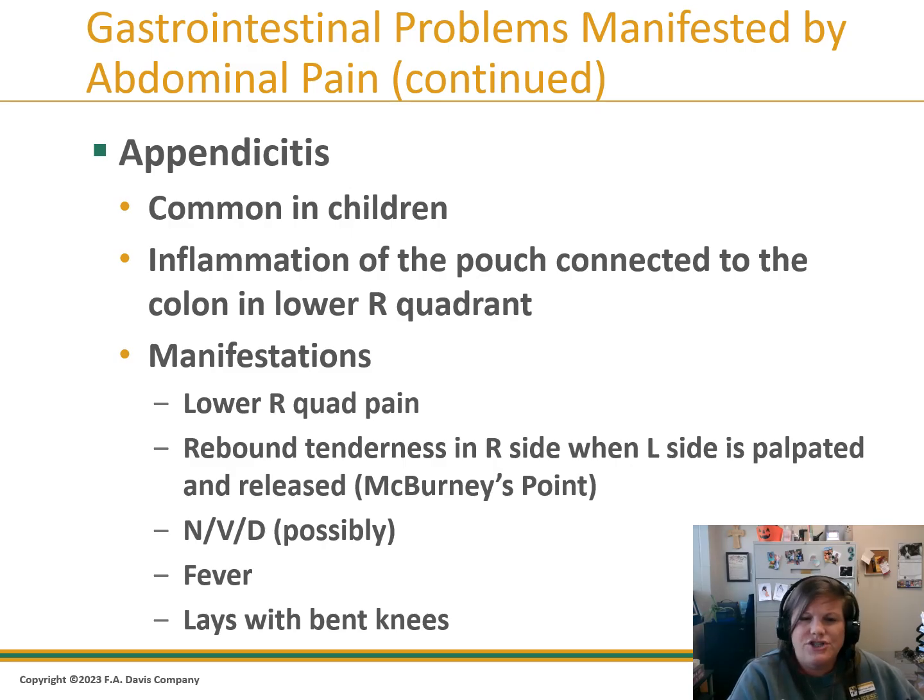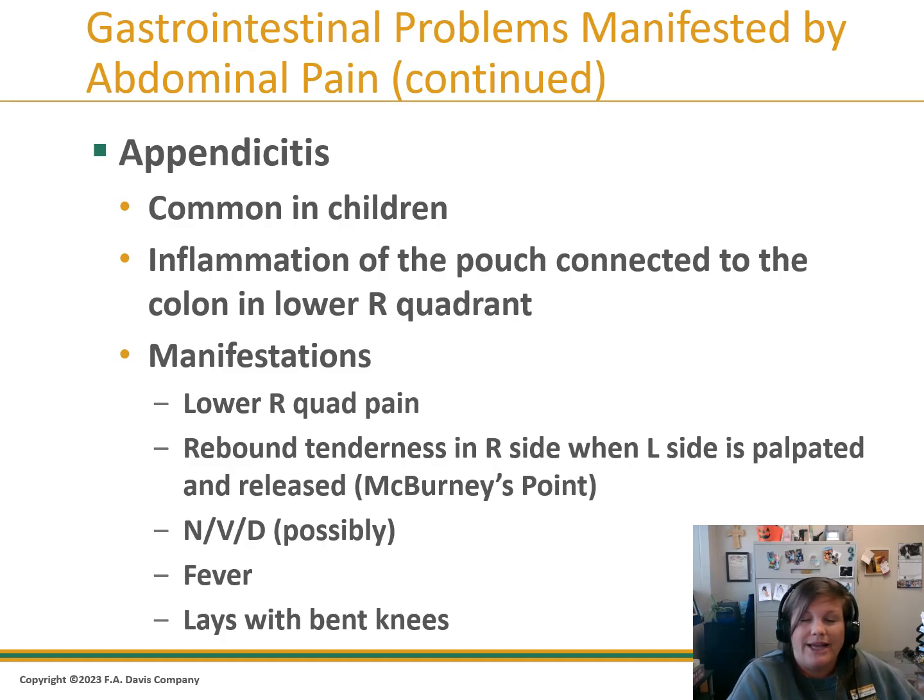Other manifestations for the patient would include nausea, vomiting, and diarrhea. It may not be all three. It may be any combination of those, as well as fever. Many times with appendicitis, a fever spikes and it doesn't easily resolve even with your medication administration of antipyretics.